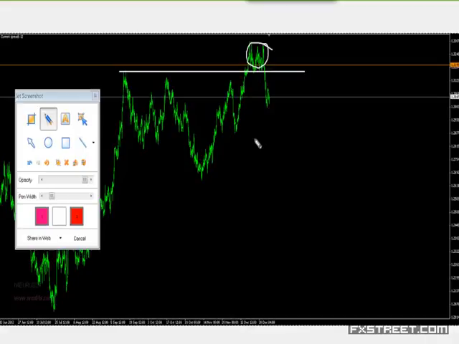If that's a false break and the price has fallen back down into the range, then it would only be fair to be looking for a continuation to the downside on this instrument. So this is just taking into consideration the most recent momentum, the momentum that we saw develop to the downside last week, and saying, alright, I'm expecting a continuation of that momentum.